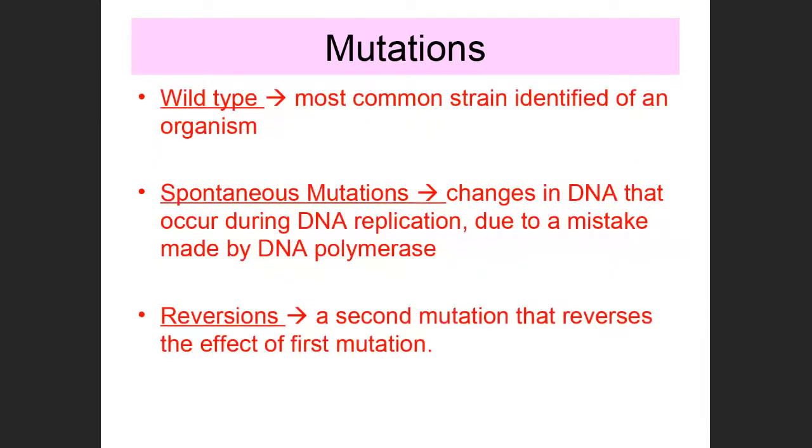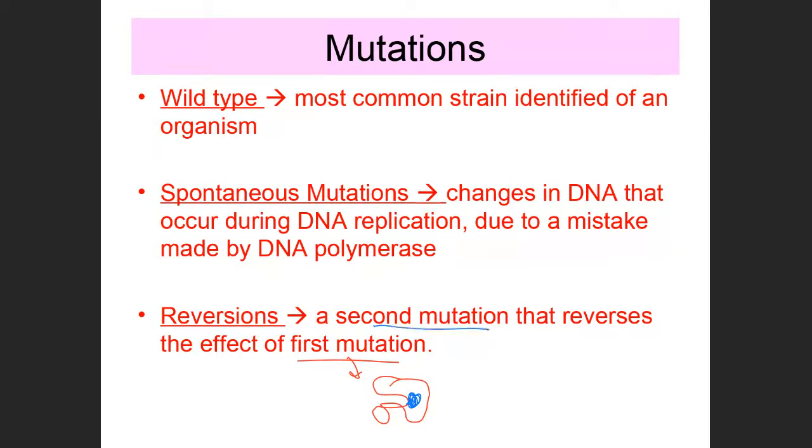Another thing could be, let's say the first mutation created an area that all of a sudden is hydrophobic. It used to be hydrophilic, so it has to be hidden and twisted.